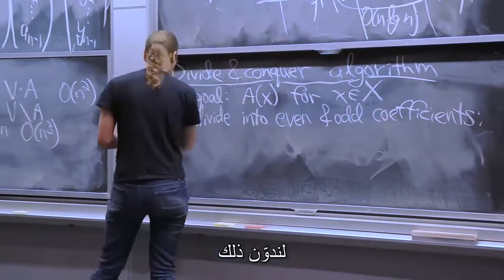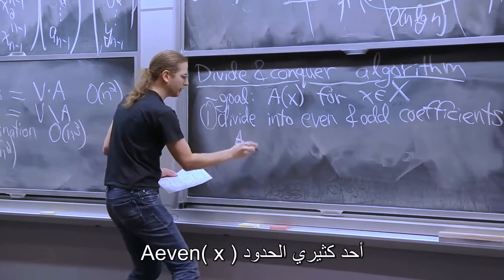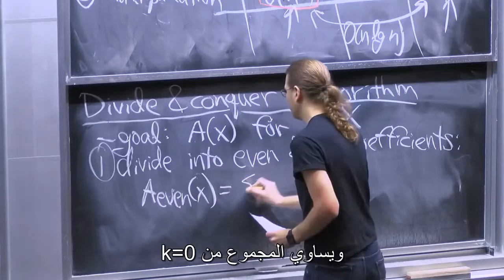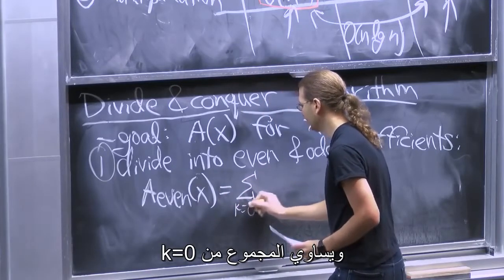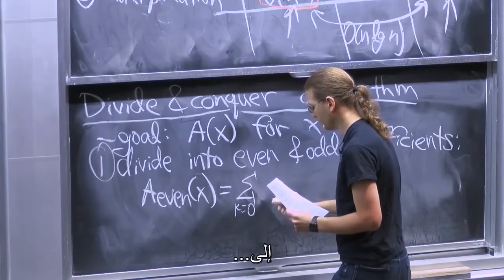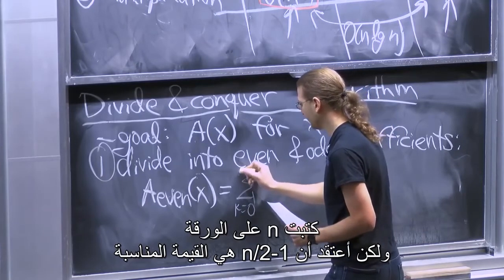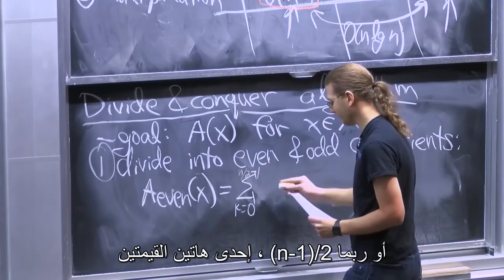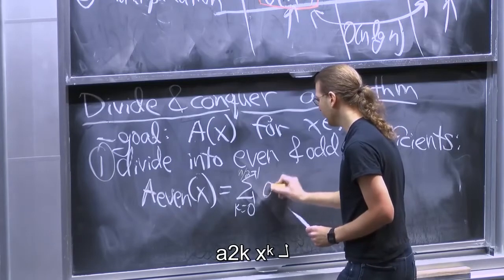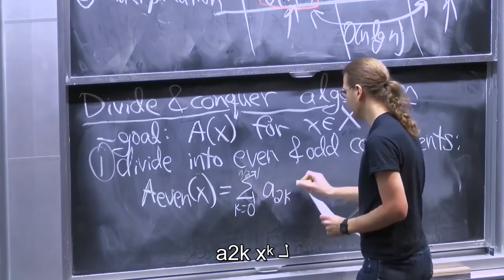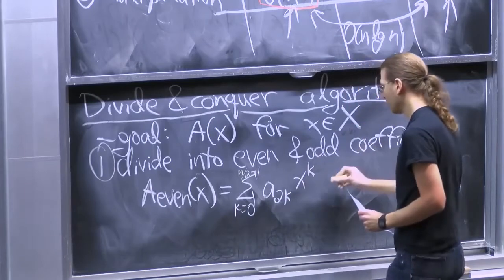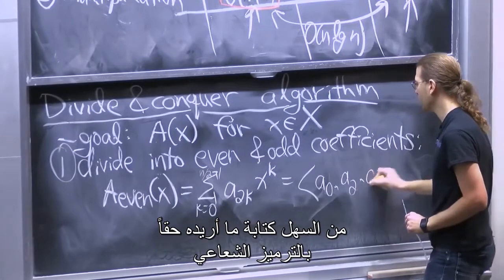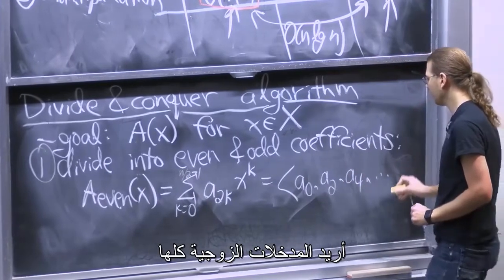Let me write that down. One of them is called A_even(x). That's a polynomial with half the degree. It's the sum from k equals 0 to roughly n over 2 of a_2k x^k. Really, in vector notation, I want all the even entries.